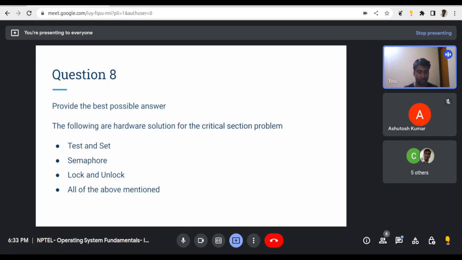These solutions are dependent on hardware. There are special hardware requirements, and on that basis depends the success of the solution. So which do you think is correct? Which among the following do you think is correct?